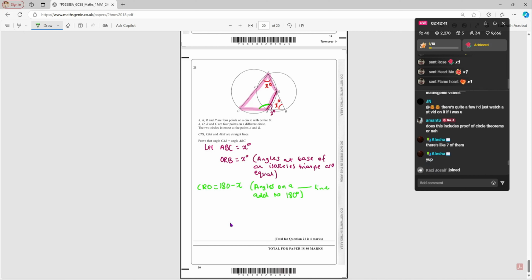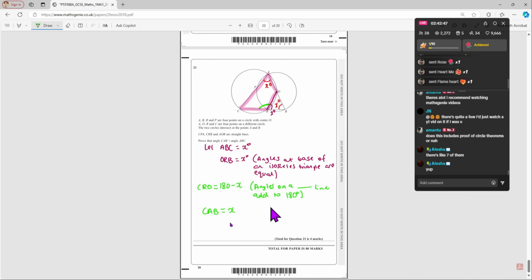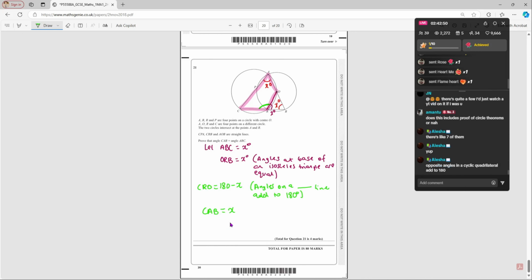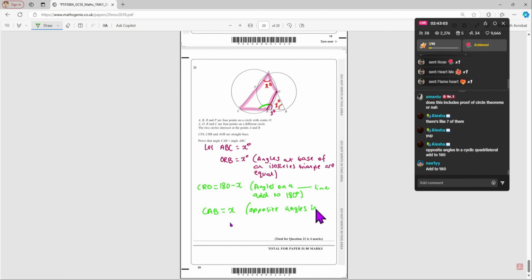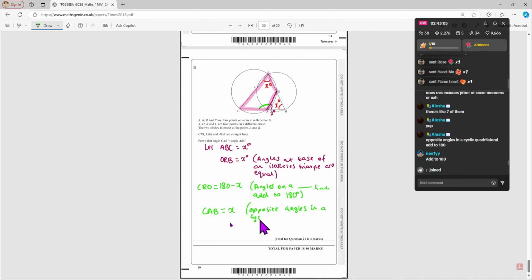What is our circle theorem, guys, that involves cyclic quadrilaterals? Yes, it's opposite angles in a cyclic quadrilateral add up to 180 degrees.